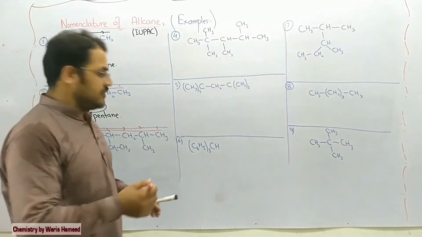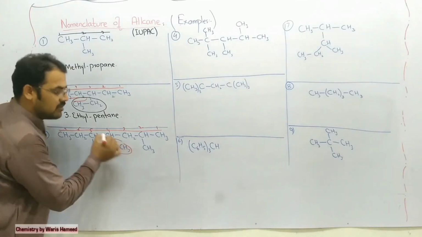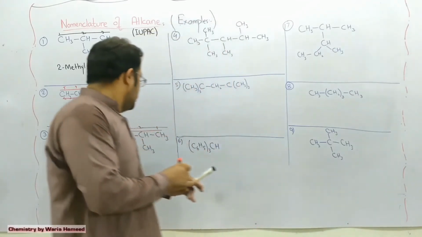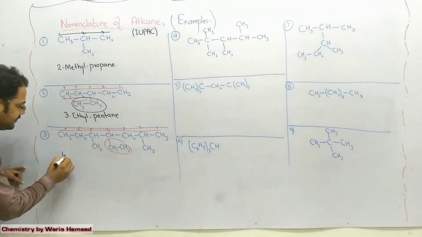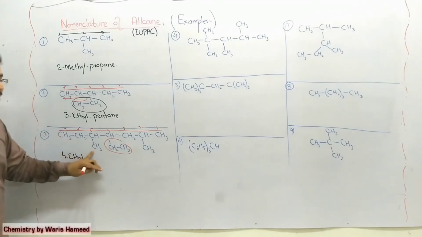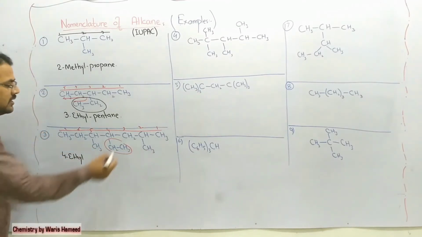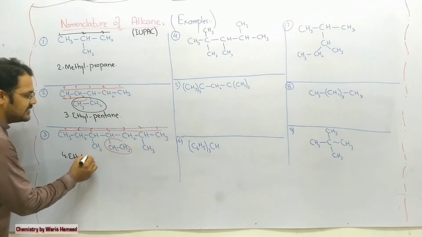Now there are 2 types of substituents. It's methyl and methyl, and it's ethyl. According to alphabetical order, we have to write the ethyl group first. So mention its position. It's present on carbon 4, ethyl. Then there are 2 similar substituents, and those are methyl groups. So first of all, mention the position of the first methyl group. It's second.